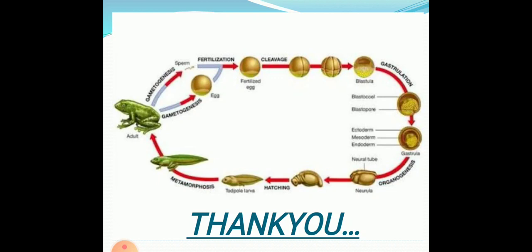So that larva, or the three germ layers, give rise to the larval stage called tadpole larva, and this tadpole larva undergoes metamorphosis. Metamorphosis means transformation of the larval form to the adult form.